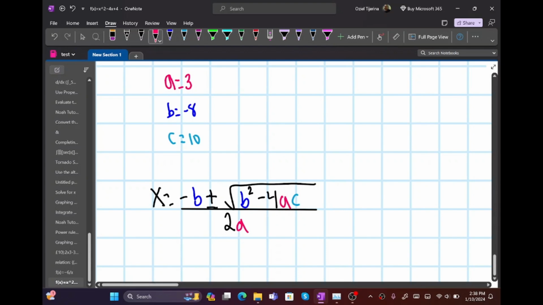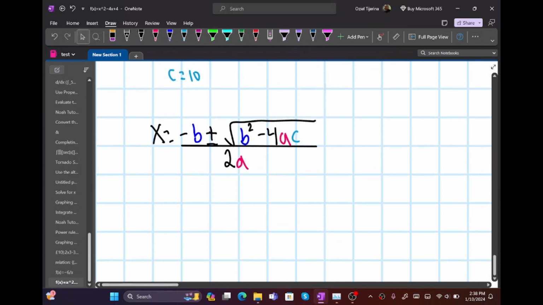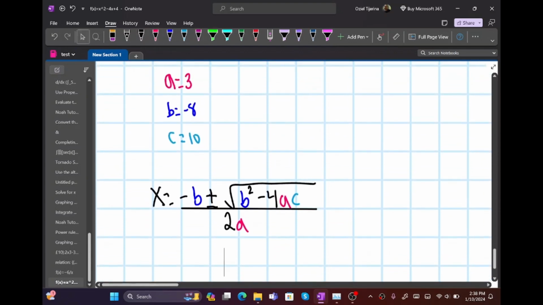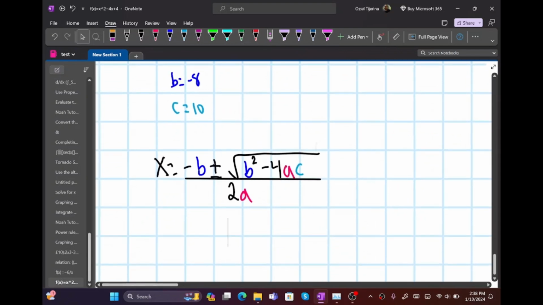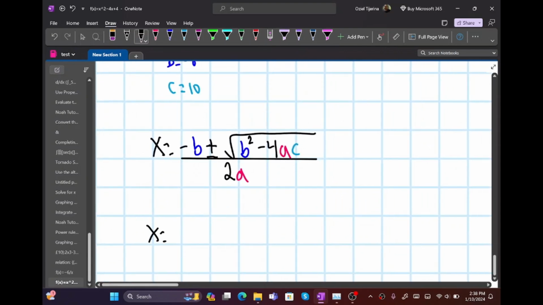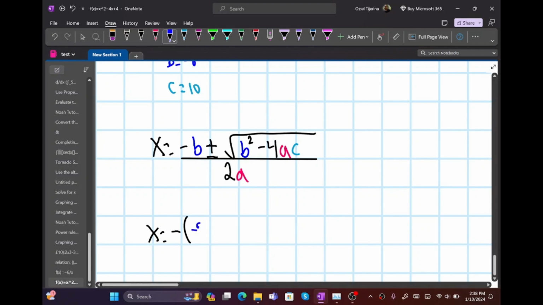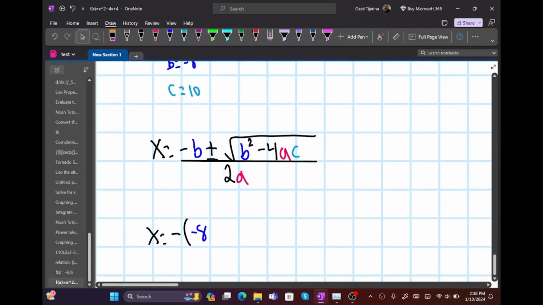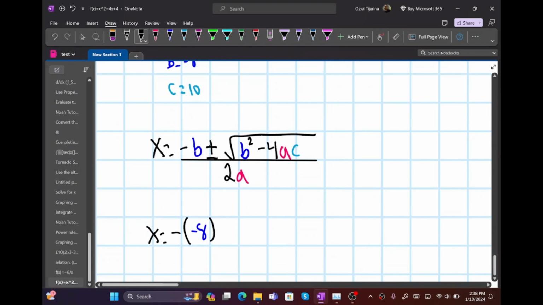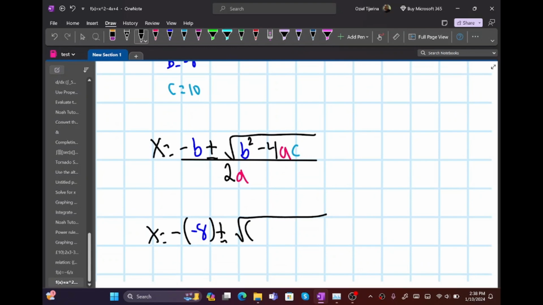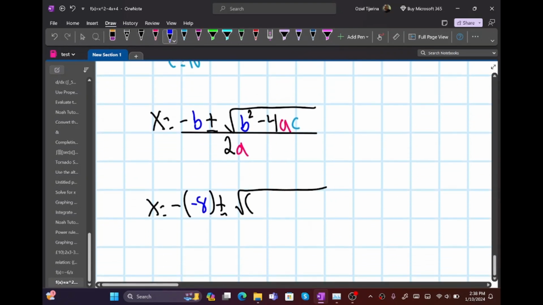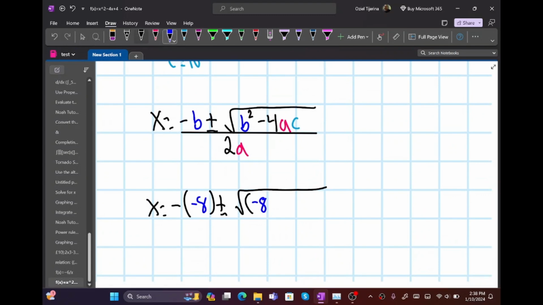So now I'm going to plug in my values. We're going to say x equals, and you want to be careful with the signs, so it's going to be negative of negative 8, close parentheses, plus or minus the square root of, and you always want to put parentheses around the b quantity squared part.